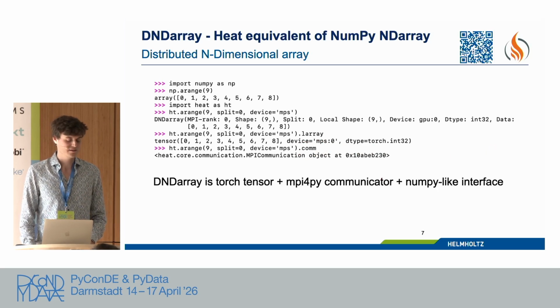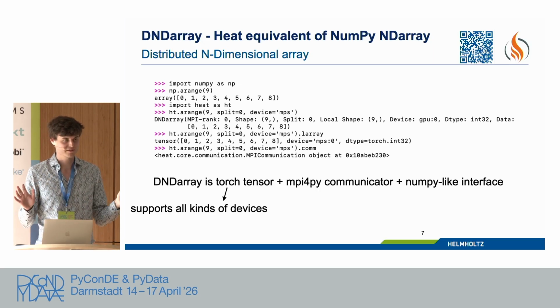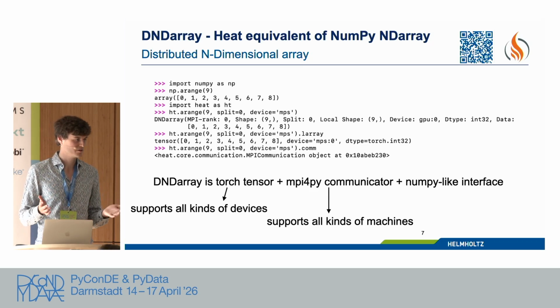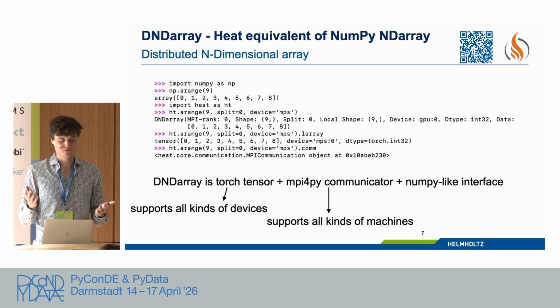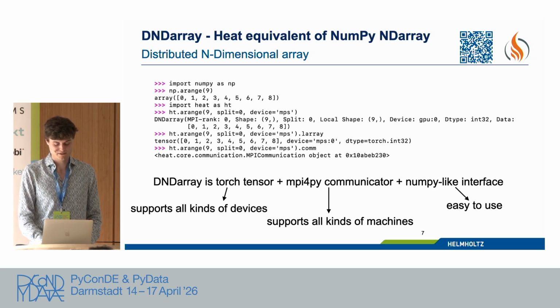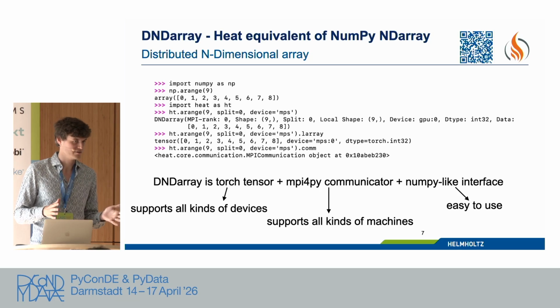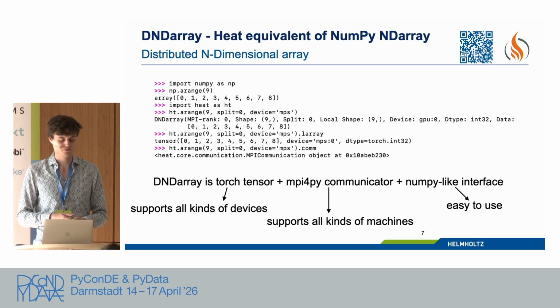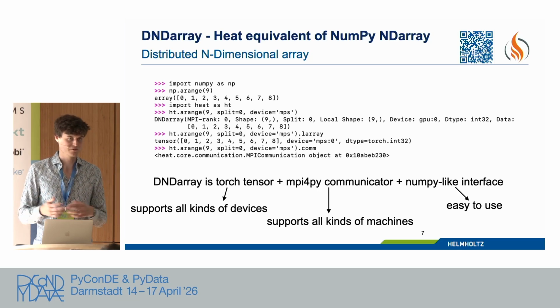So the DNDarray is really a torch tensor, which supports all kinds of devices, and they have, of course, good implementations for serial operations, which we can just leverage in heat, plus the mpi4py communicator, which I can use to parallelize on my laptop and also on big machines like Jupyter. So it really runs on a lot of machines. And it has a NumPy-like interface, which should make it very easy for you to get going if you're familiar with NumPy.